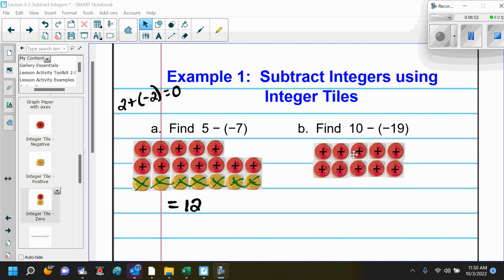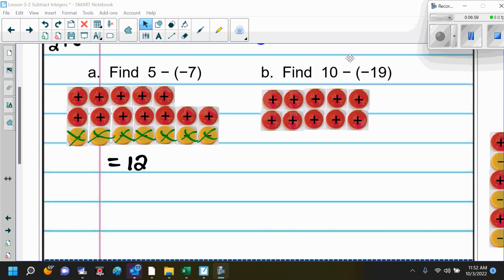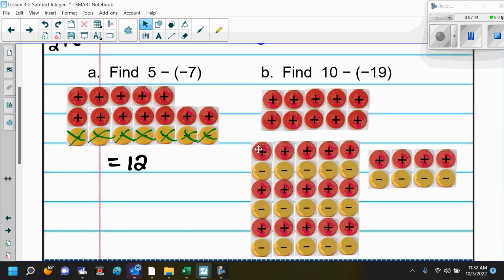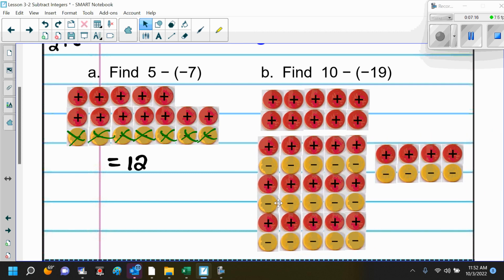For this problem, we're going to start with 10 positives. So now we need to get 19 negatives in there, right? In order for us to put 19 negatives in there, I also have to put in 19 positives, right? This is 19 positives and 19 negatives.